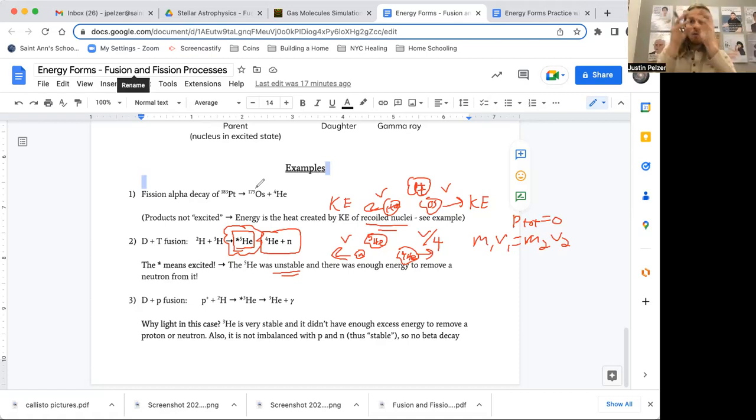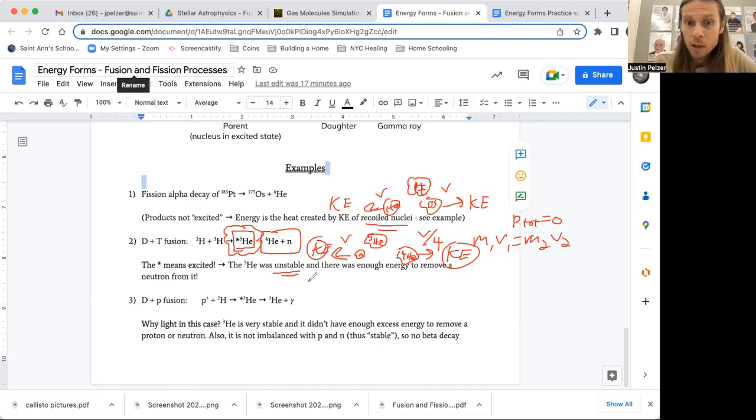See what I did with my hands? Boom, opposite directions. One goes faster, one goes slower, because the lower mass goes faster by the same proportion. That's it. Kinetic energy turning into heat, turning into temperature. That's what it means when heat is released.